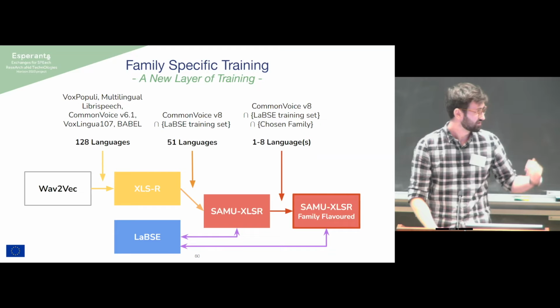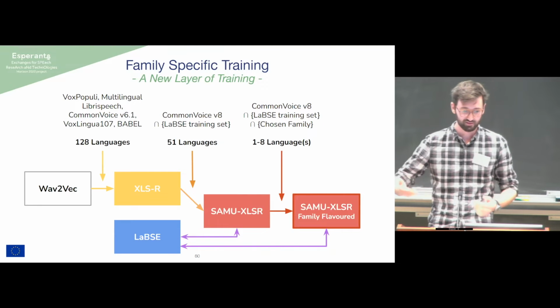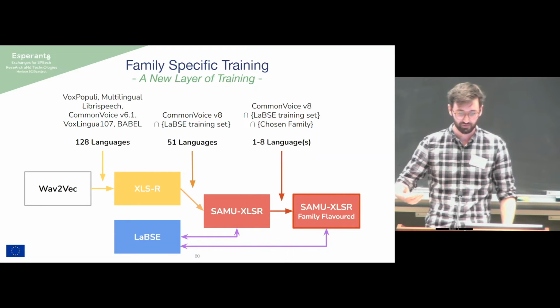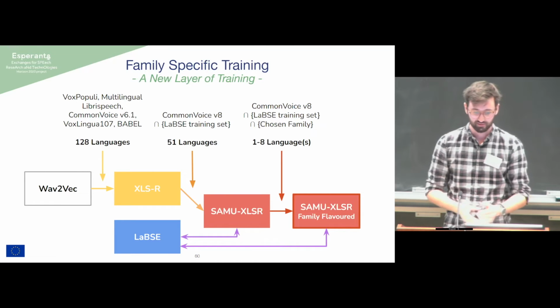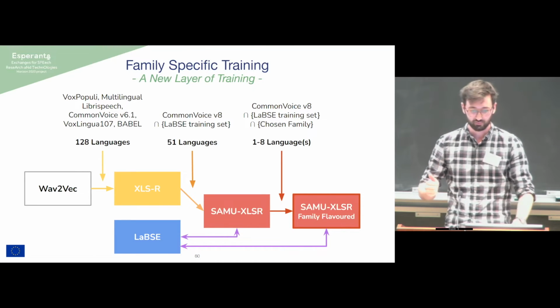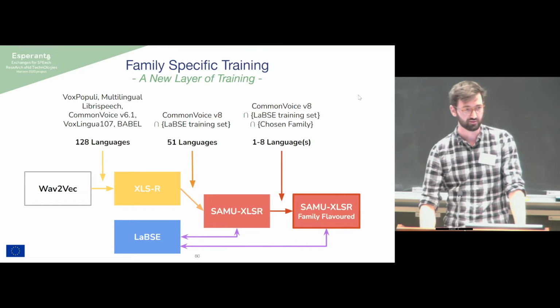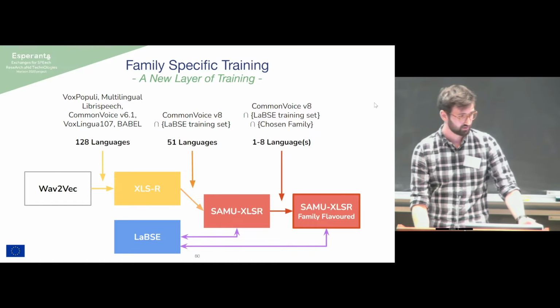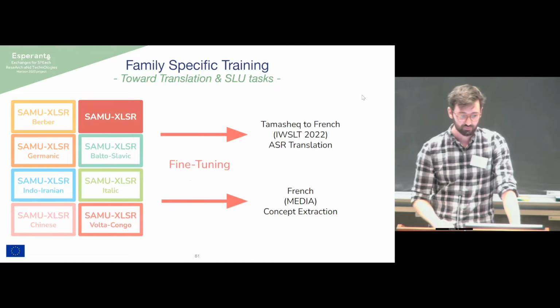And that gives us SAMU-XLSR, a version that is closer to LAPC. By continuing this training with another training set that's getting smaller and smaller, just a few languages from one family, we get a family-flavored version of SAMU-XLSR. We did that for the seven different families I showed you just a slide before. Then, once we trained those models, we fine-tuned them on two downstream tasks.